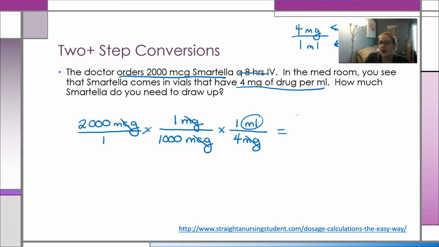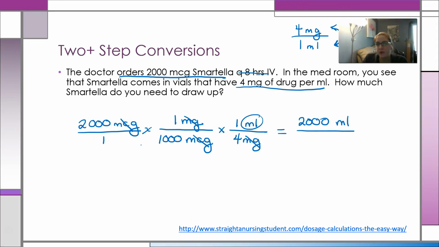So again, multiply across the top. 2,000 times 1 times 1 is 2,000, and our units are milliliters. Please be extra careful when you're writing your units out, because if we miss a unit, it can be catastrophic, and we don't want that, right? Just remember to cross off the units that are diagonally and keep what's left over.